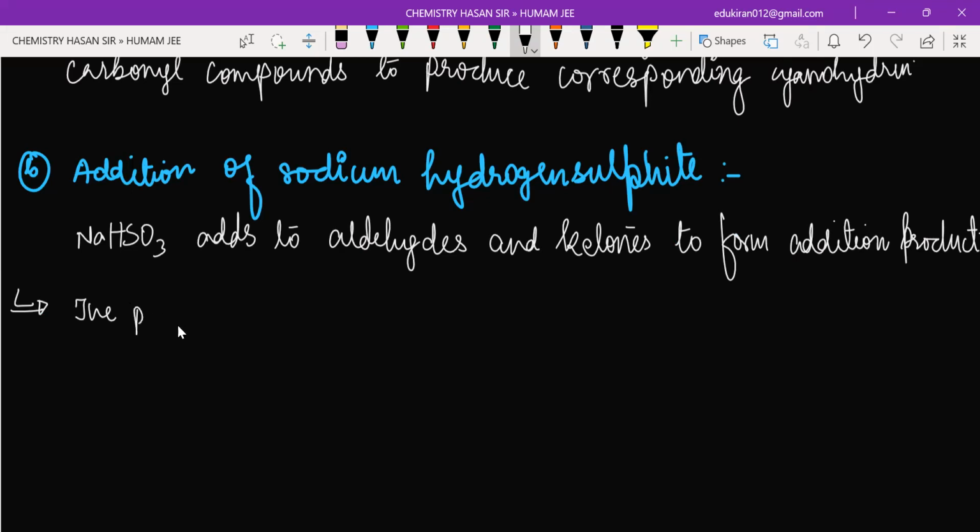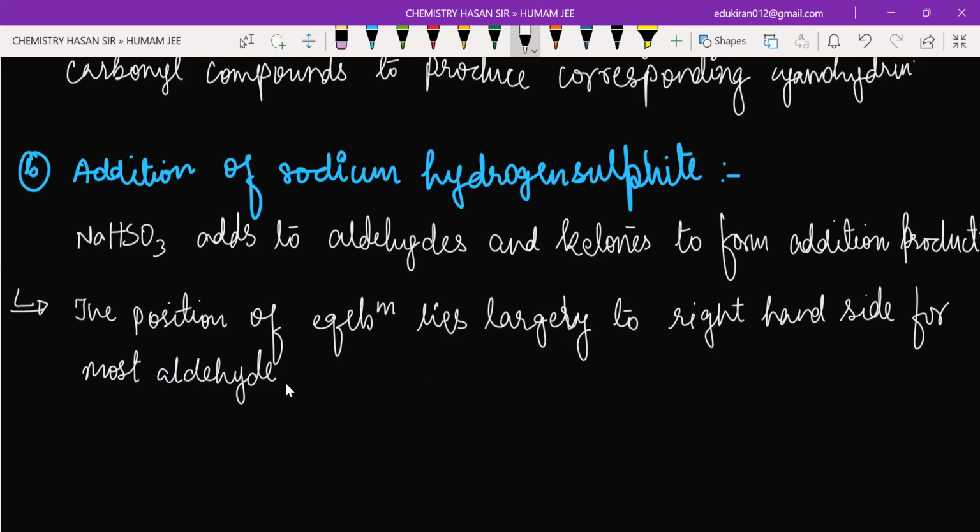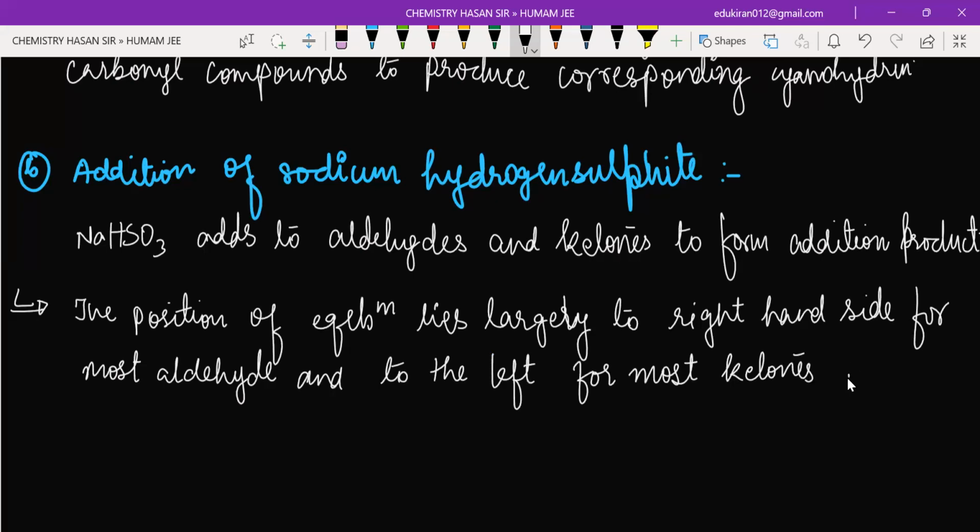So the position of equilibrium lies largely to the right hand side for most aldehydes, and to the left for most ketones, due to steric reasons.